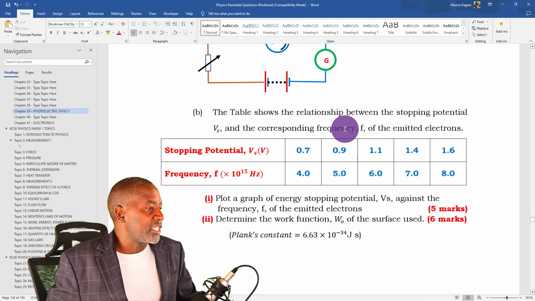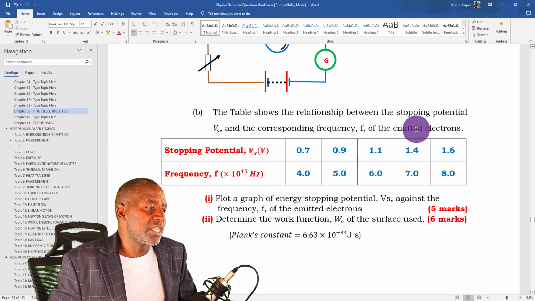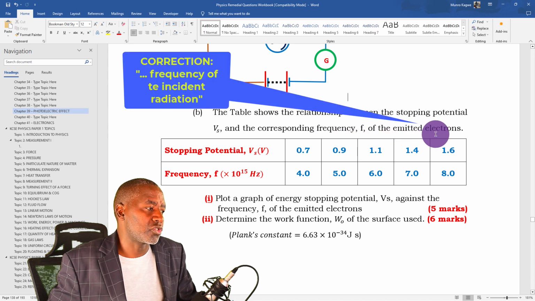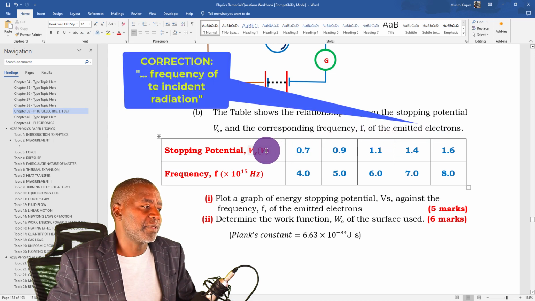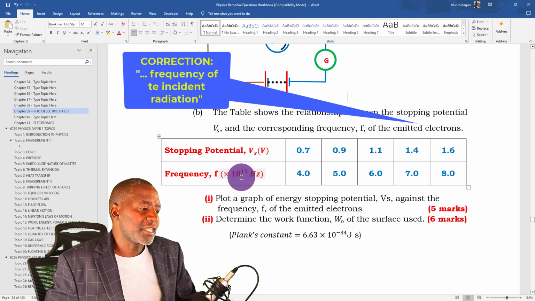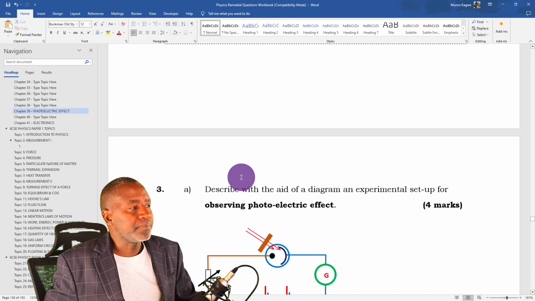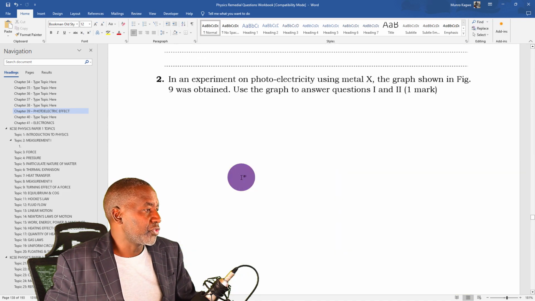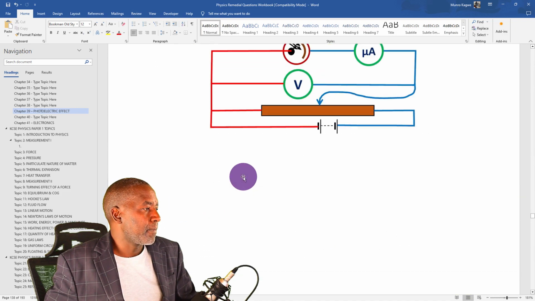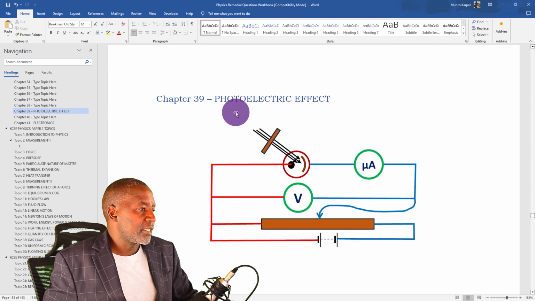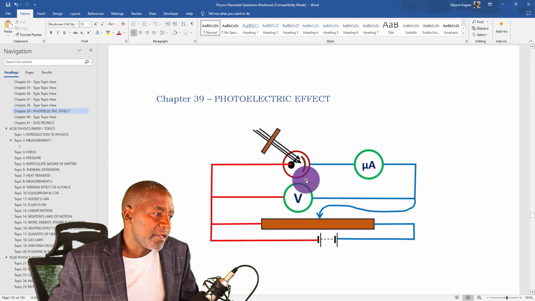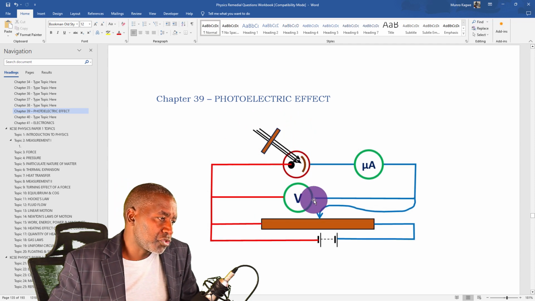Next, the table shows the relationship between the stopping potential Vs and the corresponding frequency f of the emitted electrons. Okay, stopping potential versus the corresponding frequency. What kind of circuit do we use here? This is the circuit that we would use to do that experiment. This voltmeter is used to measure the stopping potential.